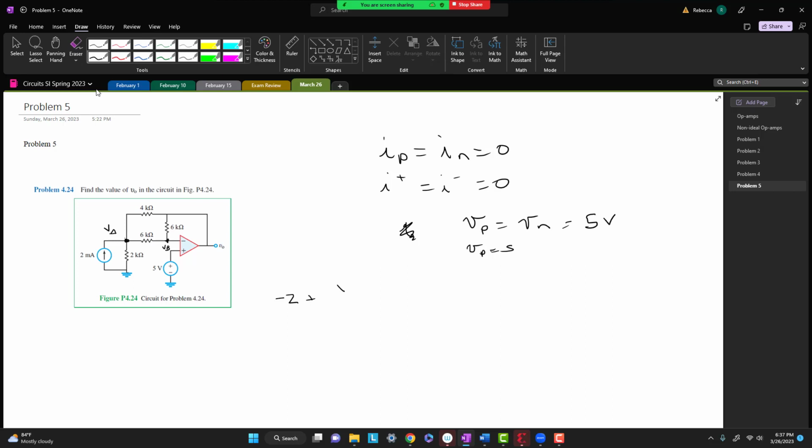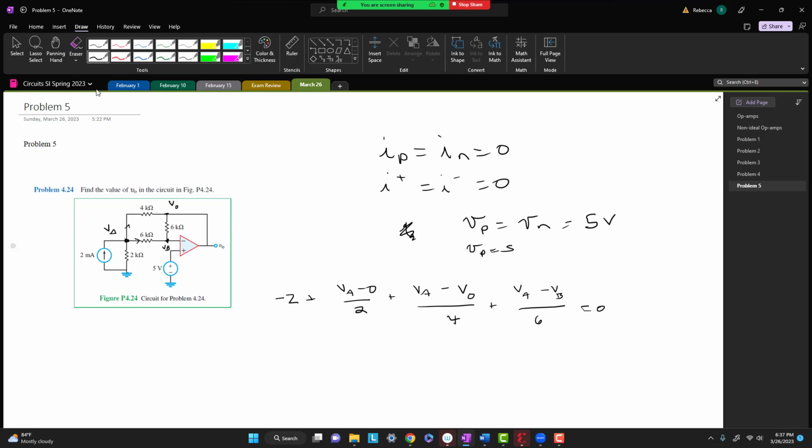So plus VA minus 0 over 2, so that's that one, plus VA minus, now this voltage right here is V out, so VA minus V out over 4. So that's this one. And then going this way, I have plus VA minus VB over 6. And all that has to equal 0.